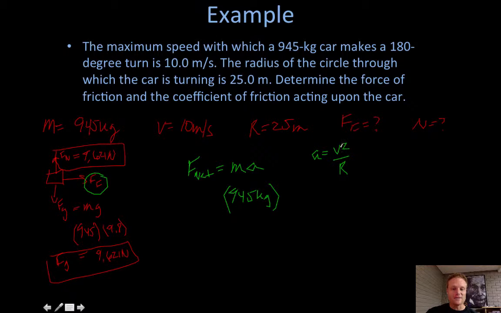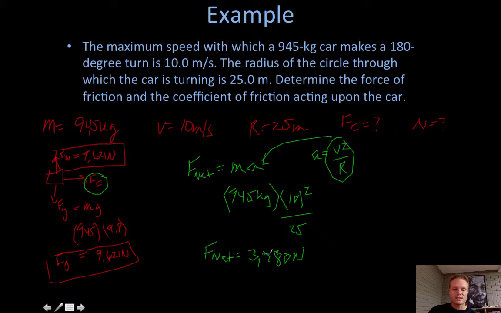Do I have v? I do. Do I have r? I do. So basically I can plug this term in right here. I can just say m times v squared over r is the same thing as m times a. So I have 945 times 10 squared over r, which is 25. And if you do this math problem, you get a net force of 3,780 newtons.